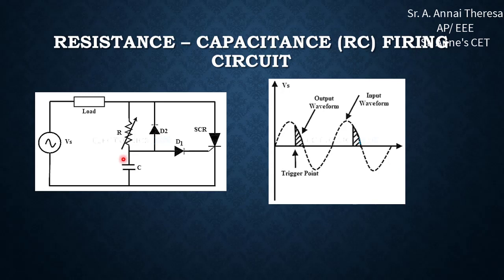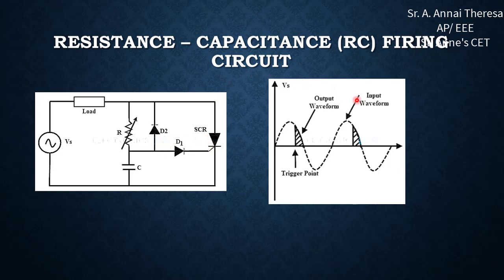Therefore this capacitor voltage is helpful for triggering the SCR even after 90 degrees of the input waveform. The purpose of diode D1 is to prevent negative voltage between gate and cathode during the negative half cycle of the input, through the diode D2.